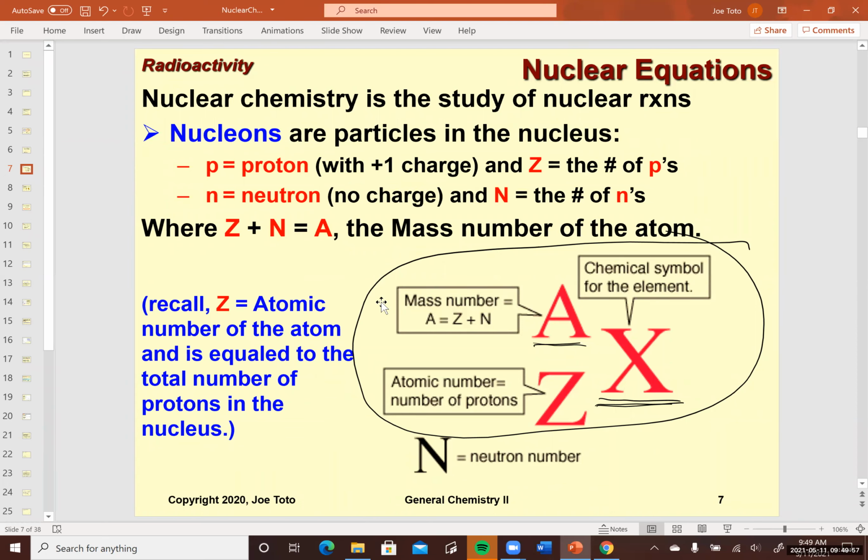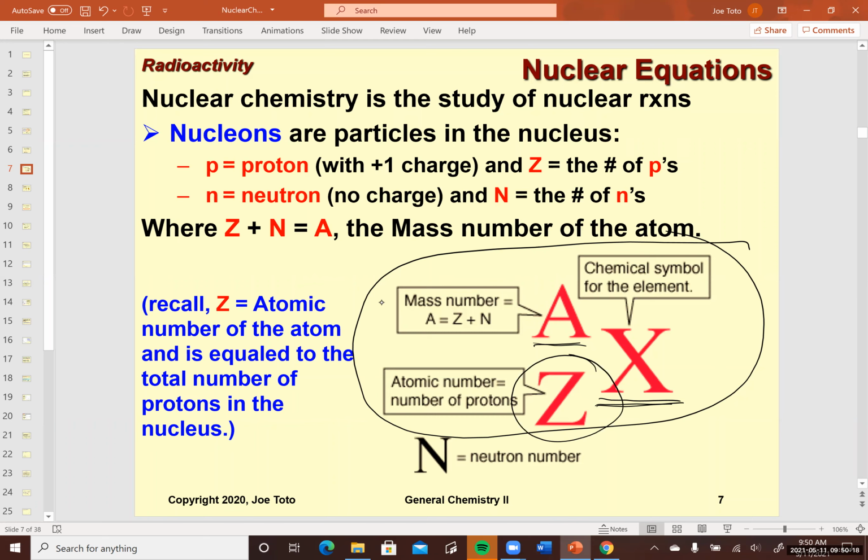And then, of course, we have the atomic number here to the lower left, representing the number of protons. If I wanted to figure out the number of neutrons in this atom, I only need to take A and subtract Z from it.